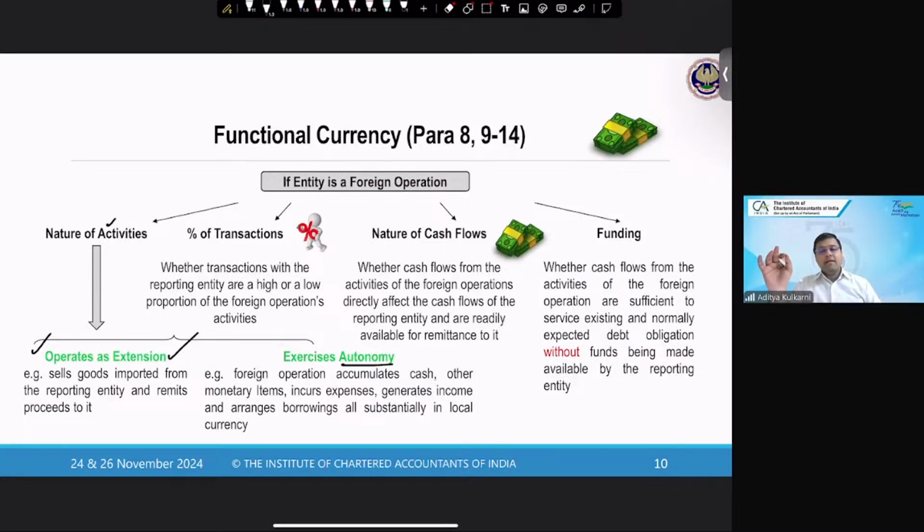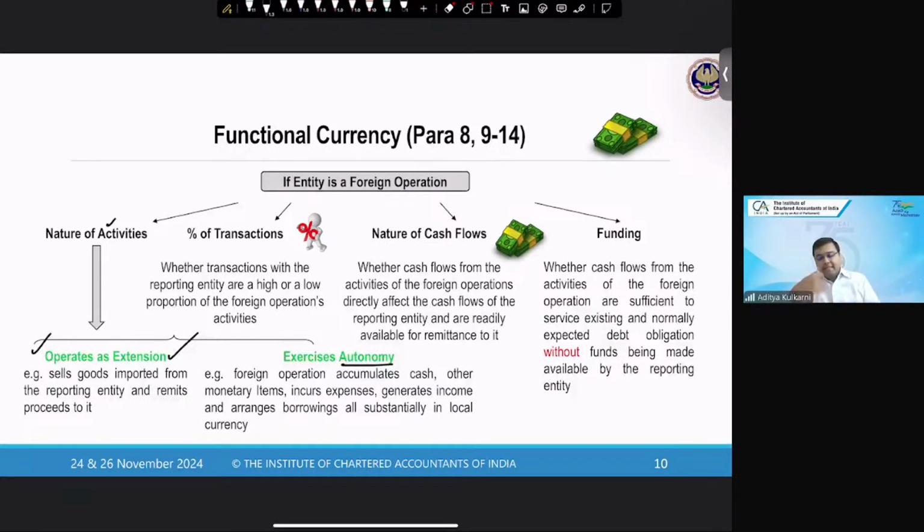So now you tell me, in this case, Tata Motors India, though it has a subsidiary in UK, is the subsidiary an extension counter of Tata, or is it operating with autonomy? Yes, operating with autonomy.